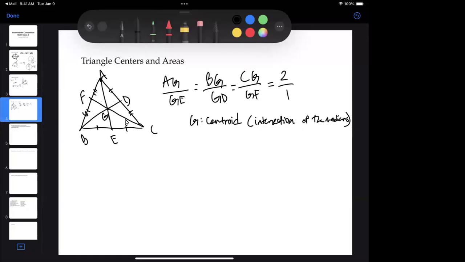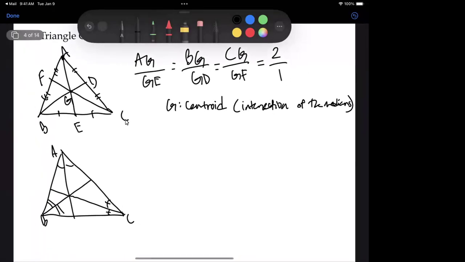What else? Angle bisectors. So again, another triangle, ABC. The angle bisectors also intersect at one unique point, and this point is the incenter.